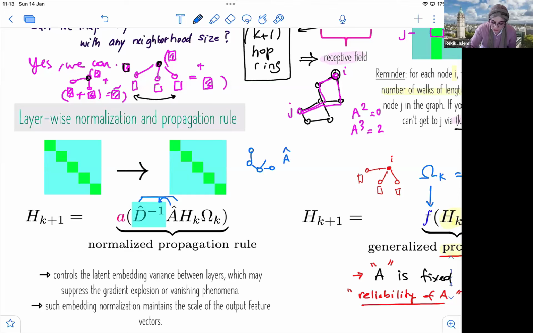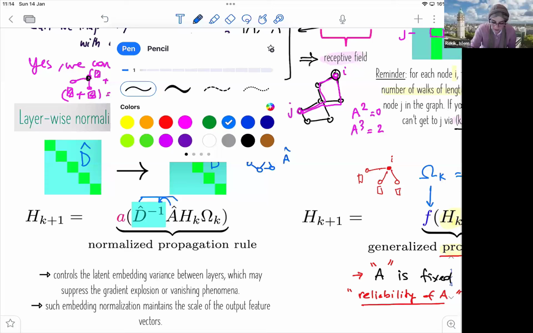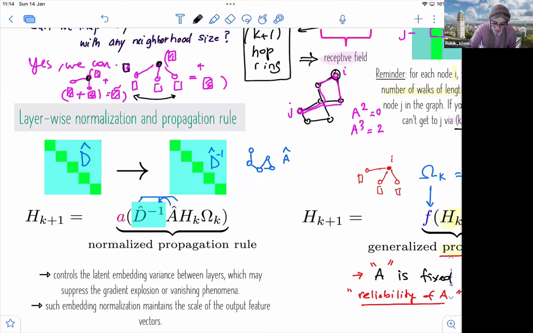So you calculate the node degree of each node, and here we have D hat, and then you create the inverse, D hat minus 1. So if you have, for example, 2, you're going to have a half here, okay? So 4, 1 by 4, etc.